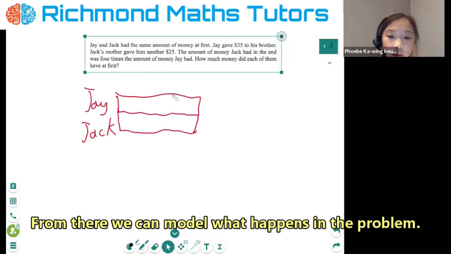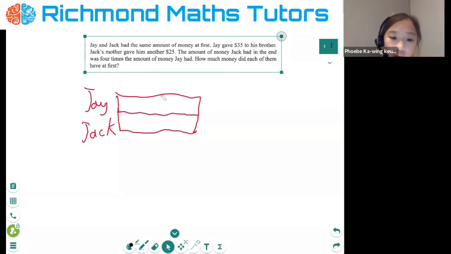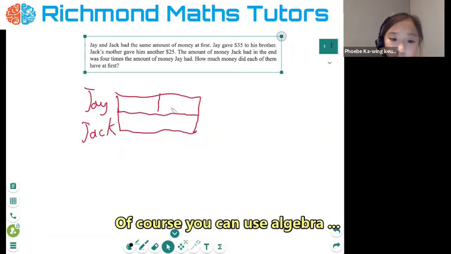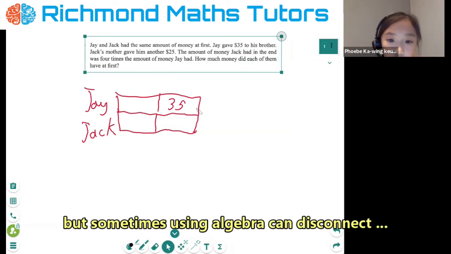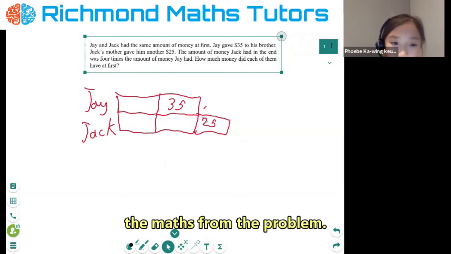Jay got rid of $35 because he gave it to his brother. And then we have to add 25 for Jack because his mother gave him some money.